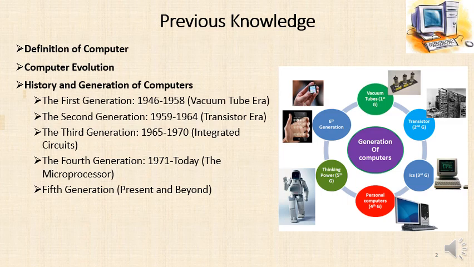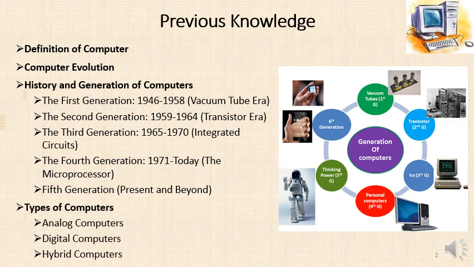So this is what we discussed in the last lesson. In today's lesson we will talk about the classification of digital computers, and in the previous lesson we also discussed the types of computers, that is analog computers, digital computers and hybrid computers. The difference between these three types of computers was discussed in the last lesson.